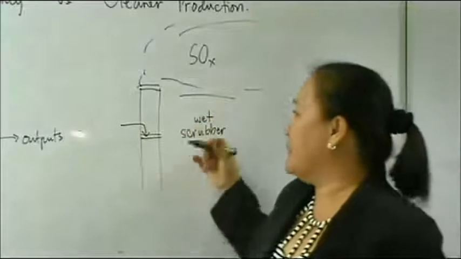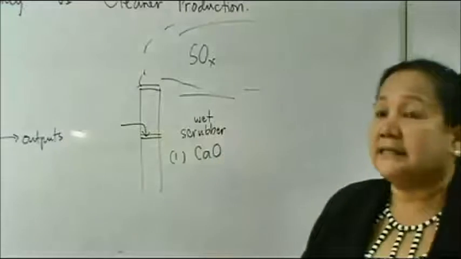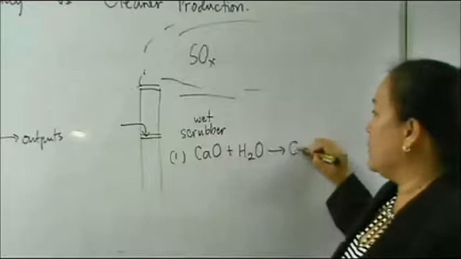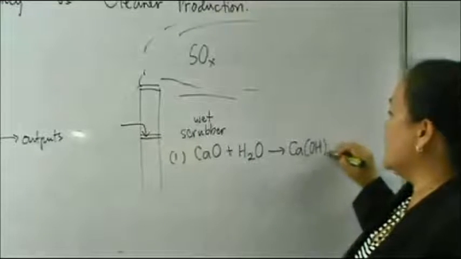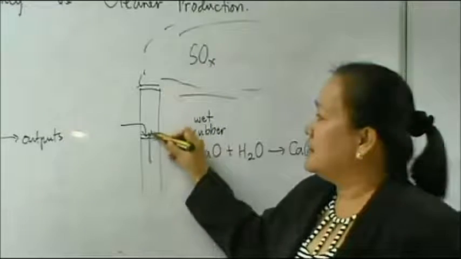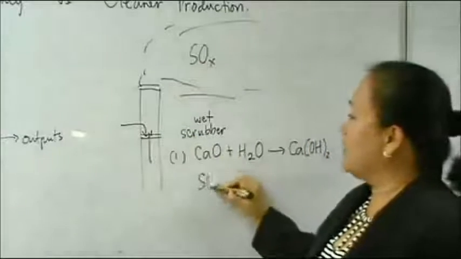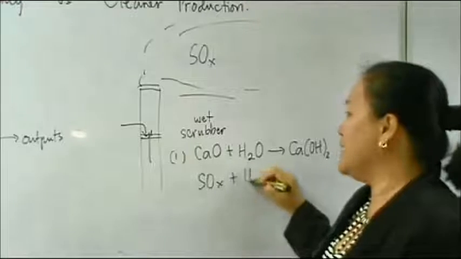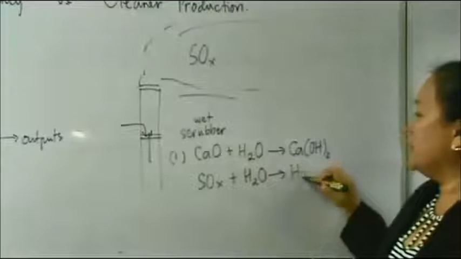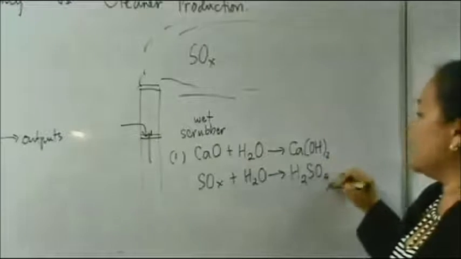So for example, what particular chemical? Let's take the first example, calcium oxide. So since it's a wet scrubber, it will react with water. So you will have calcium hydroxide. And since SOx would be trapped in the scrubber, therefore your SOx would also be reacting with water, since it's wet, in order for you to produce, let's say, we consider SO3, that would give you sulfuric acid.